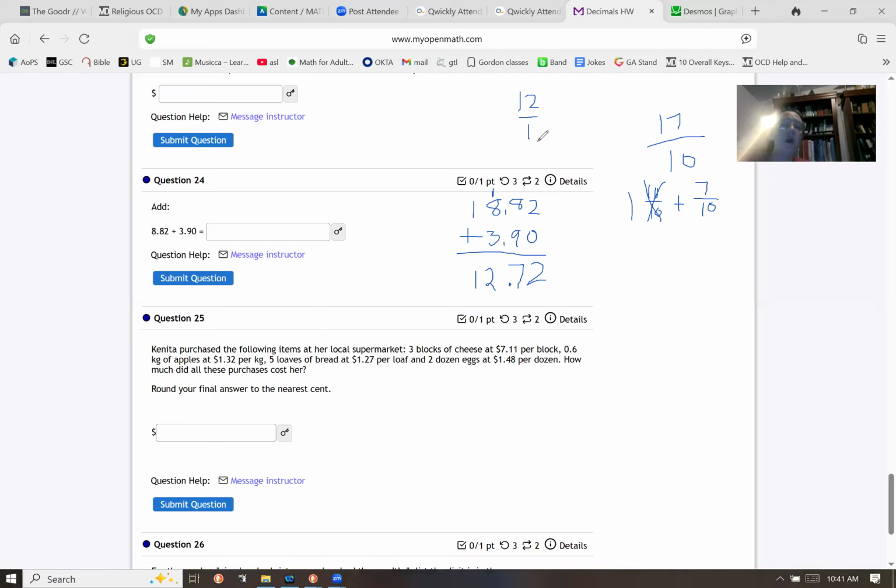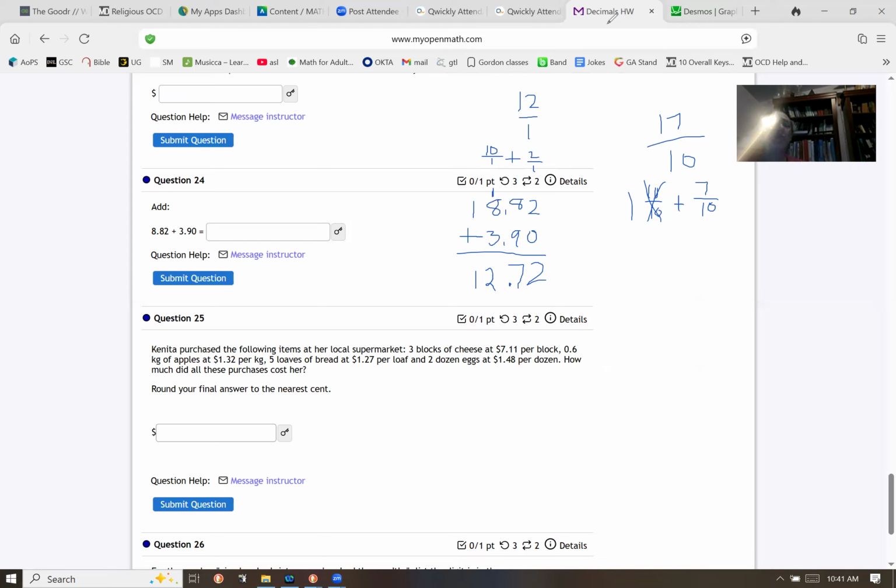Another way to think of this 12 over 1 is as 10 ones plus 2 ones. So that gives us a 1 in the tens place in terms of place value.